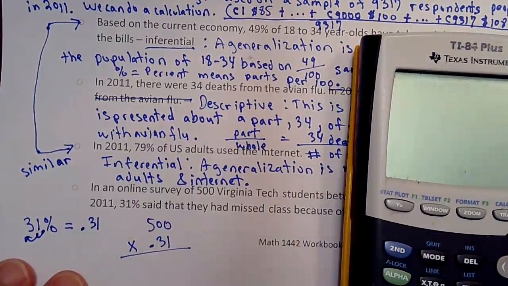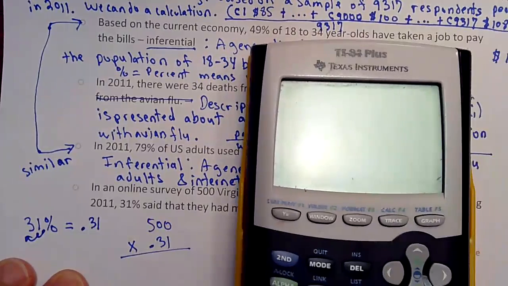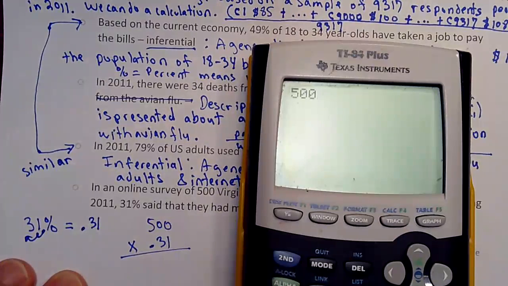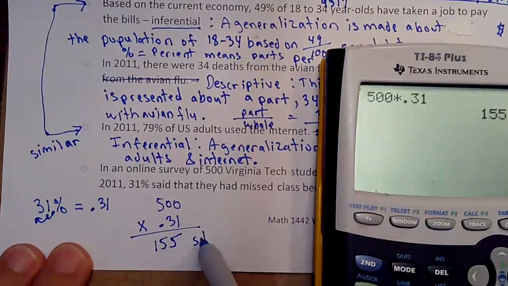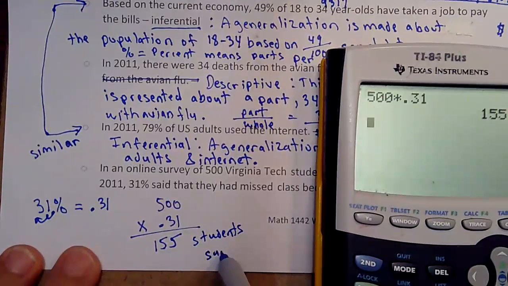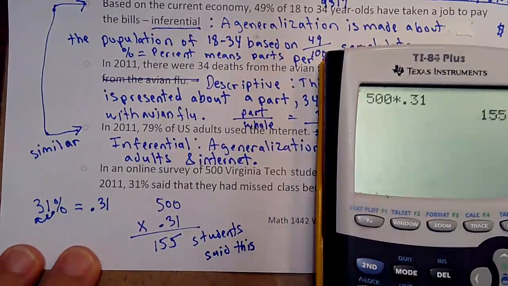So I am able to do math on that. 500, a calculation, times 0.31. That means we know that 155 people, or in this case, students, said this. And remember what they said?